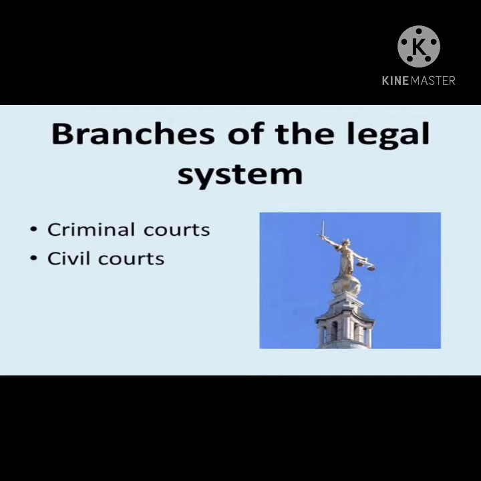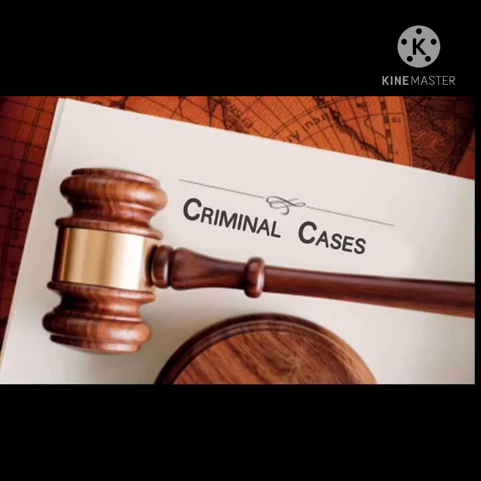Many of you may be aware that the Indian judicial system consists of two different branches, criminal and civil. That is, the criminal cases and the civil cases. Let's see what these are. So children, criminal cases deal with conduct or acts that law defines as offences.